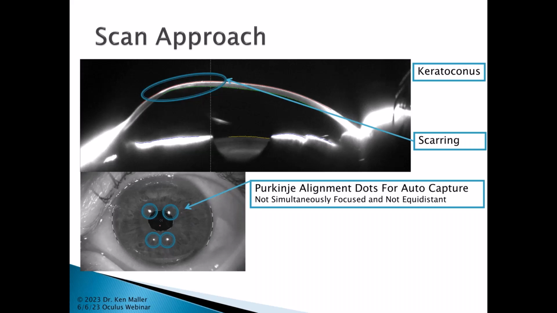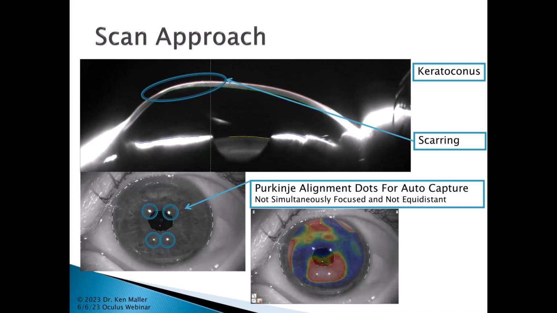And again, they're not equidistant. Additionally, I overlaid what the topography looks like there, and you'll notice that the two Purkinje images down at the bottom are virtually dead center on the peak of the cone.